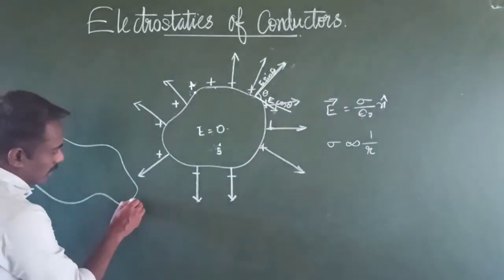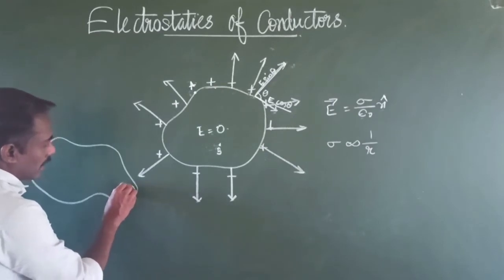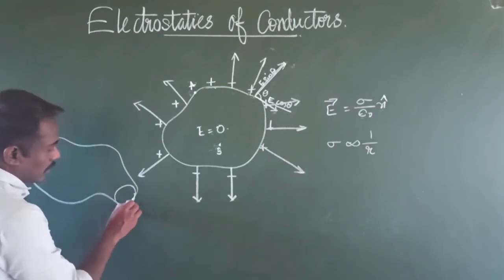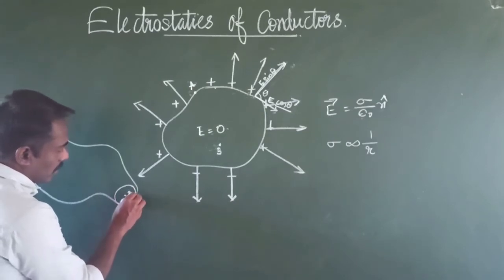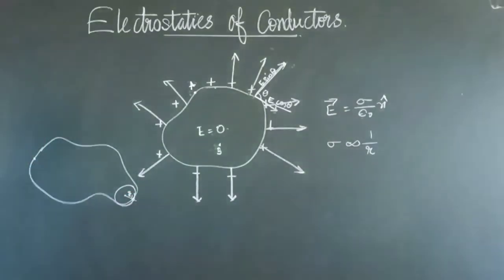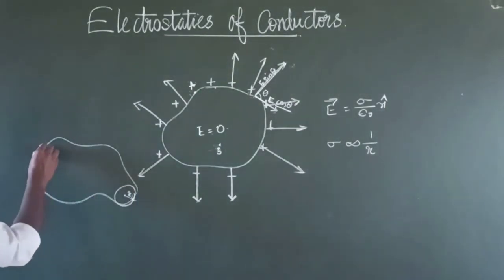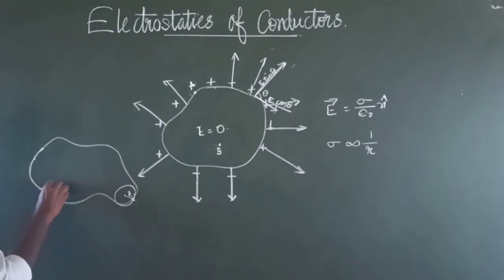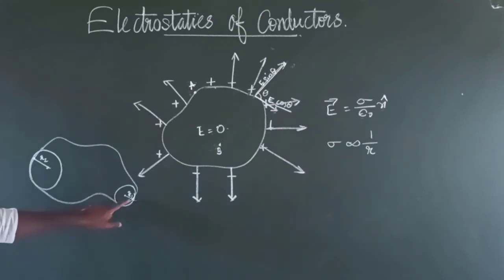In order to find the charge density, from this point we take the radius of curvature of this point. So this will be the radius of curvature at the point 1, that is R1. And at this point, we take the radius of curvature of this point, so this will be the radius R2. And obviously, the radius R1 is smaller than radius R2.